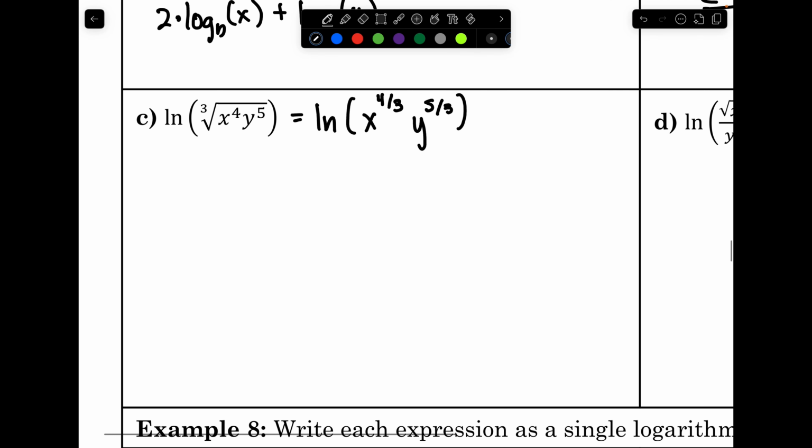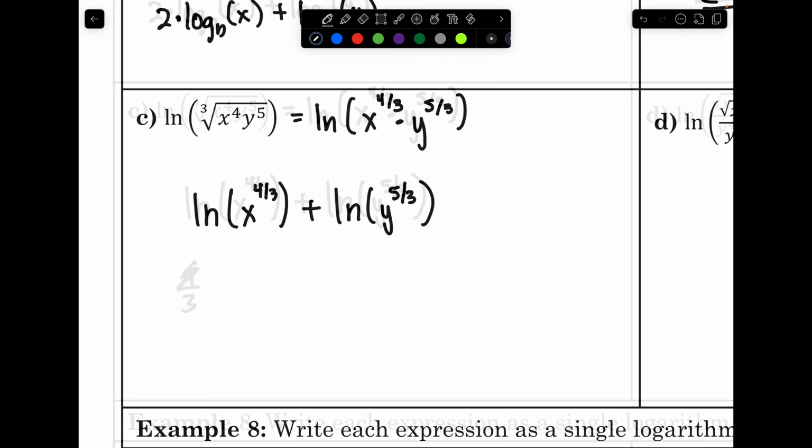So now splitting this up, this would be the natural log of x to the 4 thirds power plus, because we're multiplying, that would add the natural log of y to the 5 thirds.